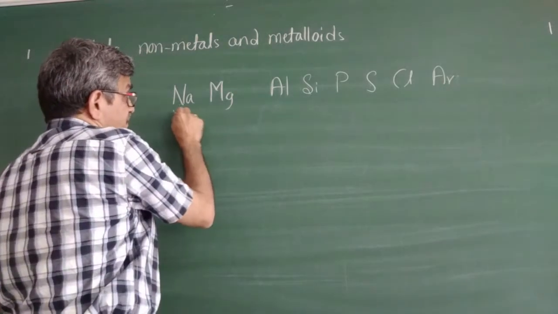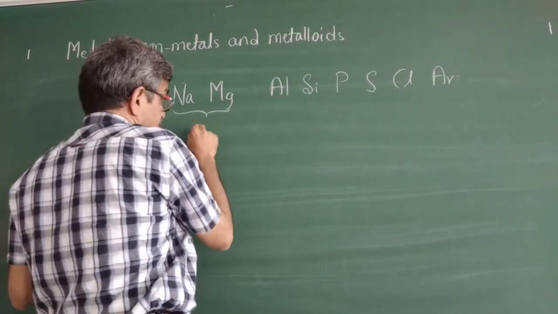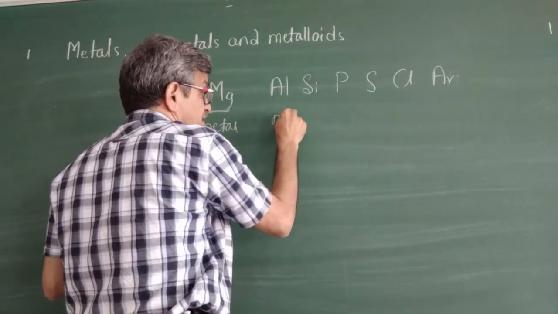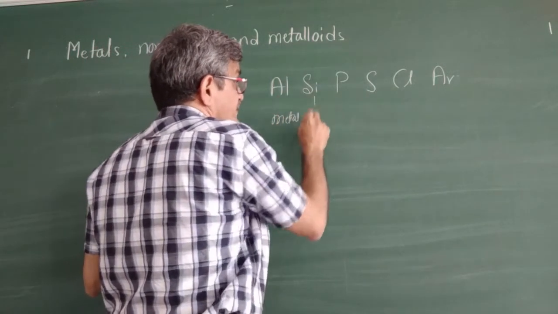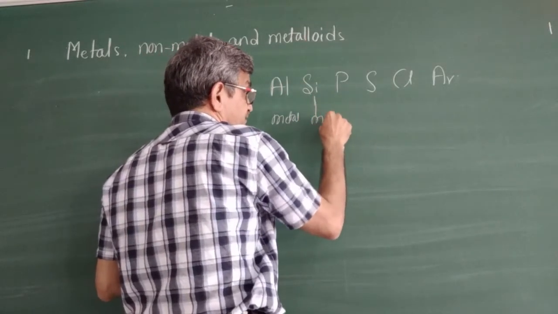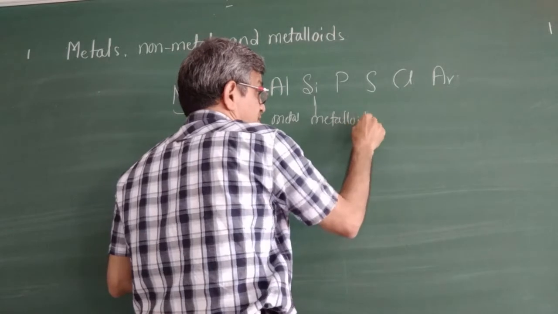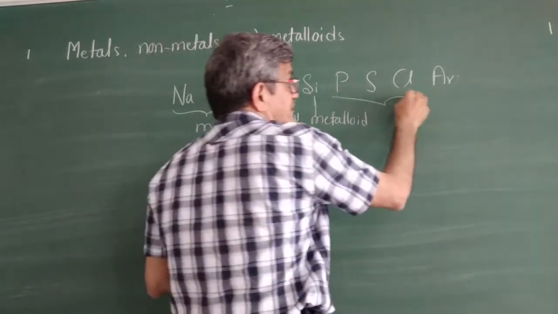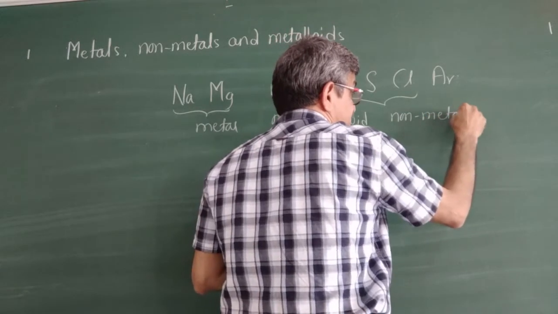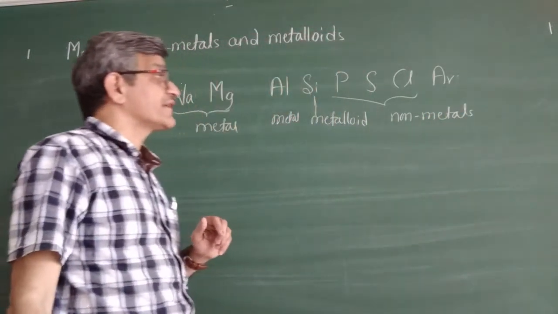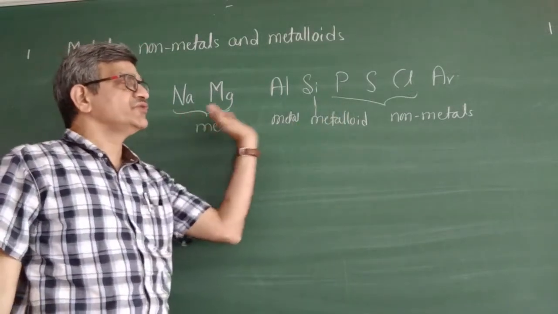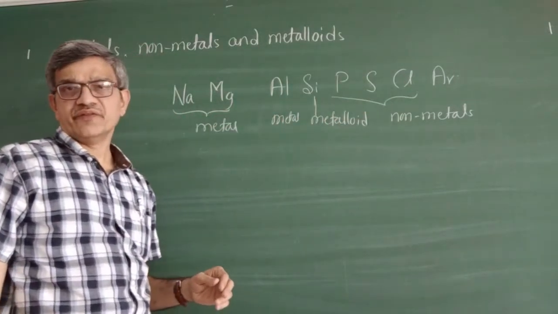Aluminium is also a metal, whereas silicon is a metalloid, and these others are non-metals. So metallic character decreases as you move along the period.